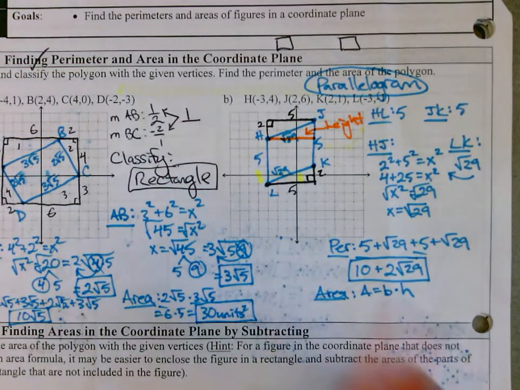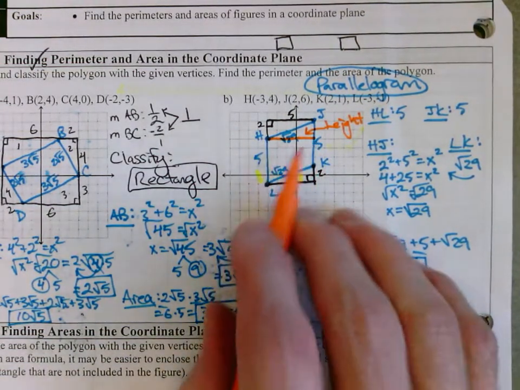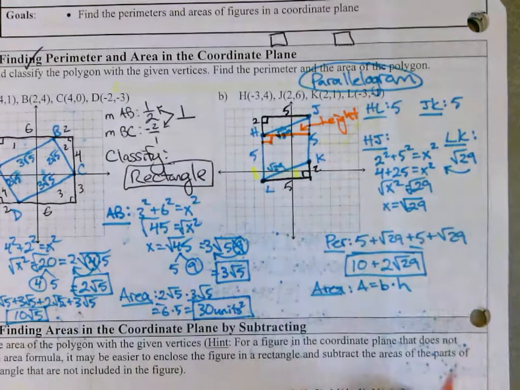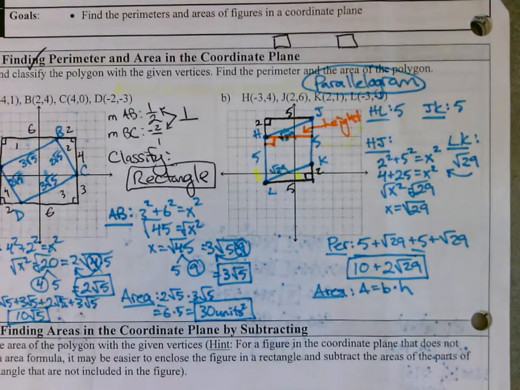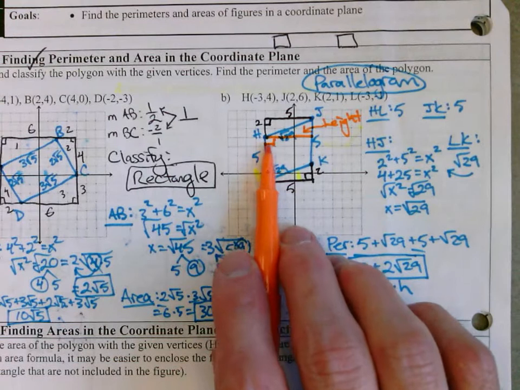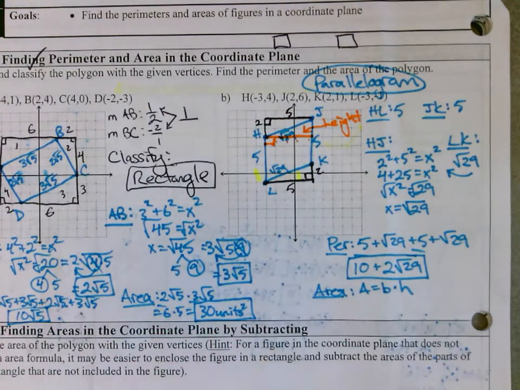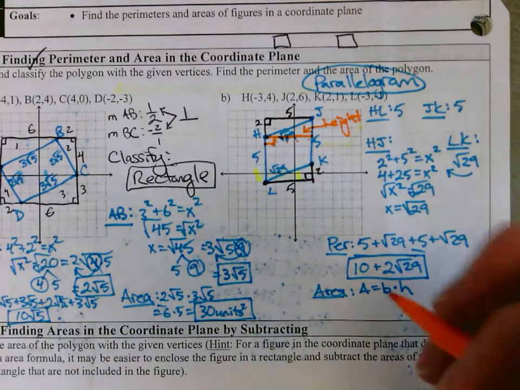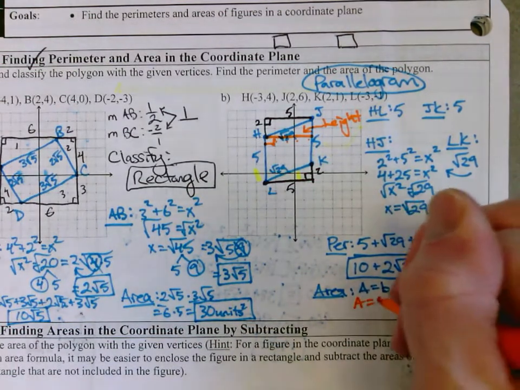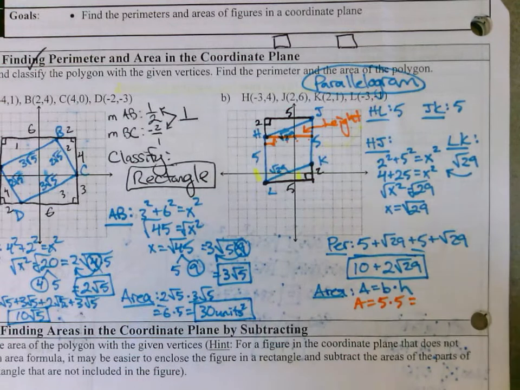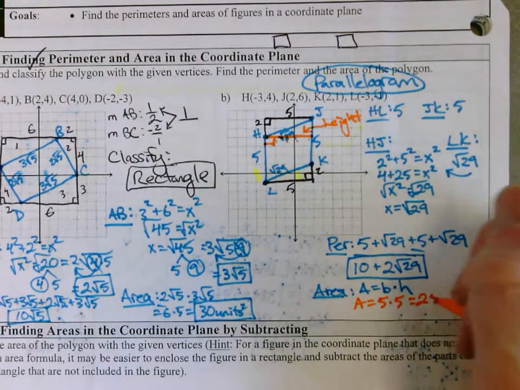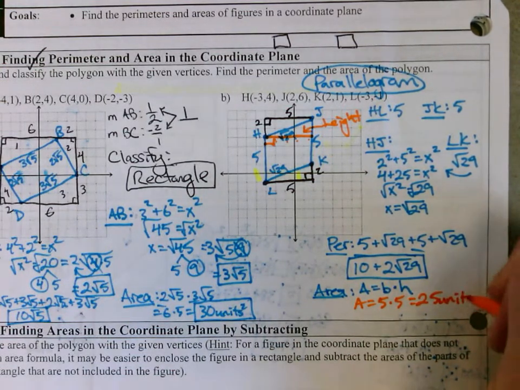What's nice about this is it's forming 90 degrees with our base, and it's just a horizontal line that I can flat out count. 1, 2, 3, 4, 5. So we have a base of 5 and a height of 5. So the area would simply be 5 times 5, which comes out nice and clean to 25 units squared.